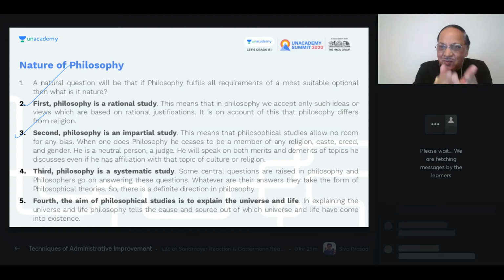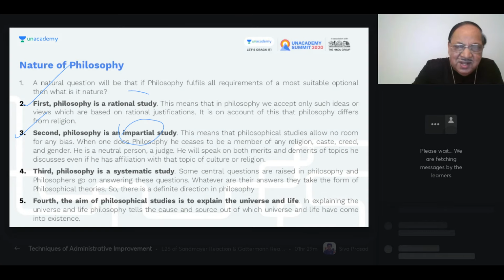So whatever you find in that particular culture or religion which you are studying from a philosophical point of view, you will go on speaking both the merits and demerits of it. That is what we call an impartial study. So this is the second important feature of philosophy.